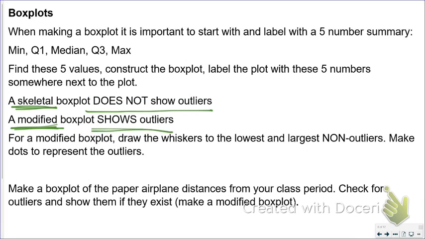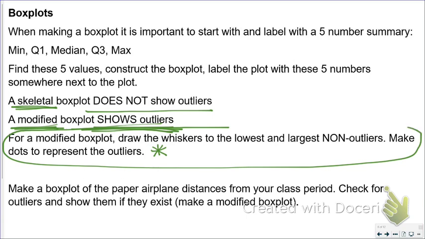Modified shows them, and I promise you, I or College Board will ask you if they want you to do it. All right? This sentence is crucial. People mess it up all the time. Whiskers go to the largest and lowest non-outliers.